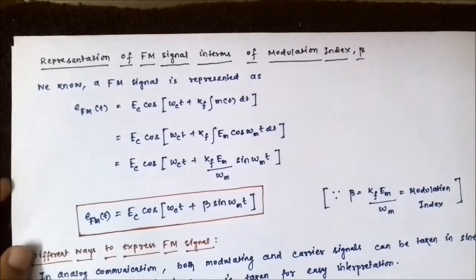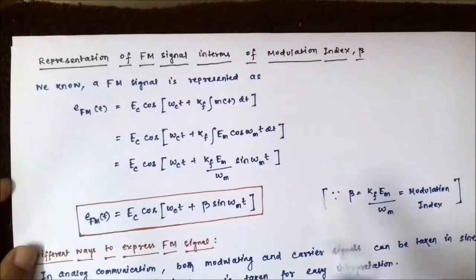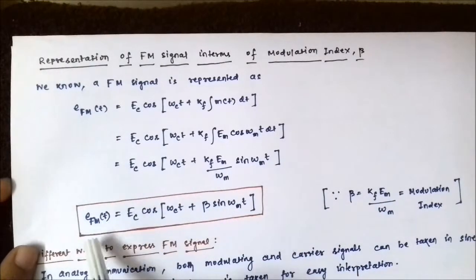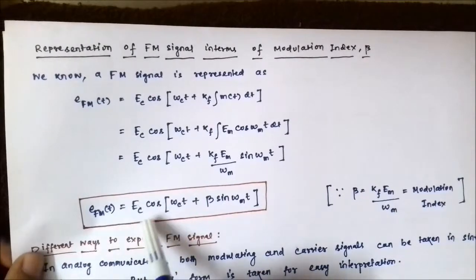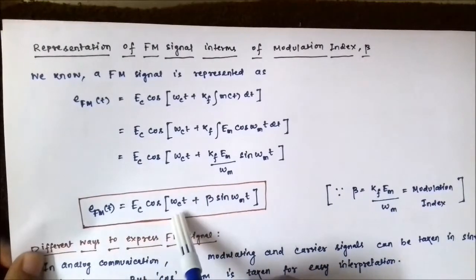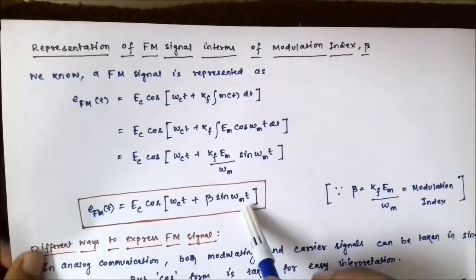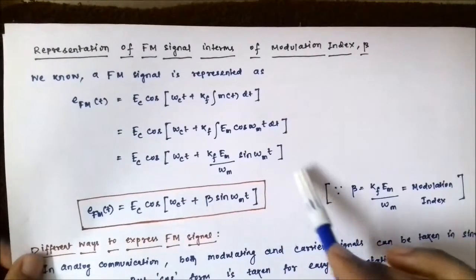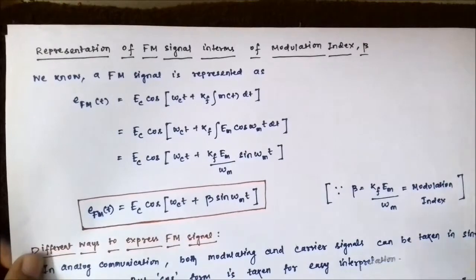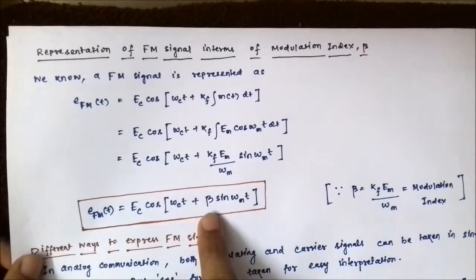So now we can write this frequency modulated signal as e_FM(t) equals Ec cos of omega c t plus beta sin omega m t. This is the representation of a frequency modulated signal in terms of the modulation index beta.